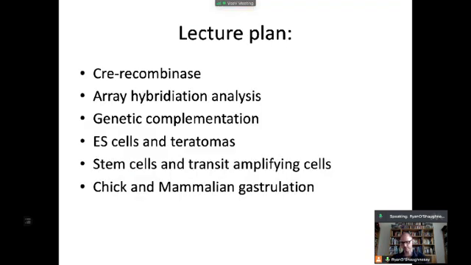So that's it for this lecture. We looked at Cre recombinase, and in particular how using Cre recombinase and those LoxP sites enables you to do different, quite complex things, including tissue specific expression and also inducible expression using Cre-ER.